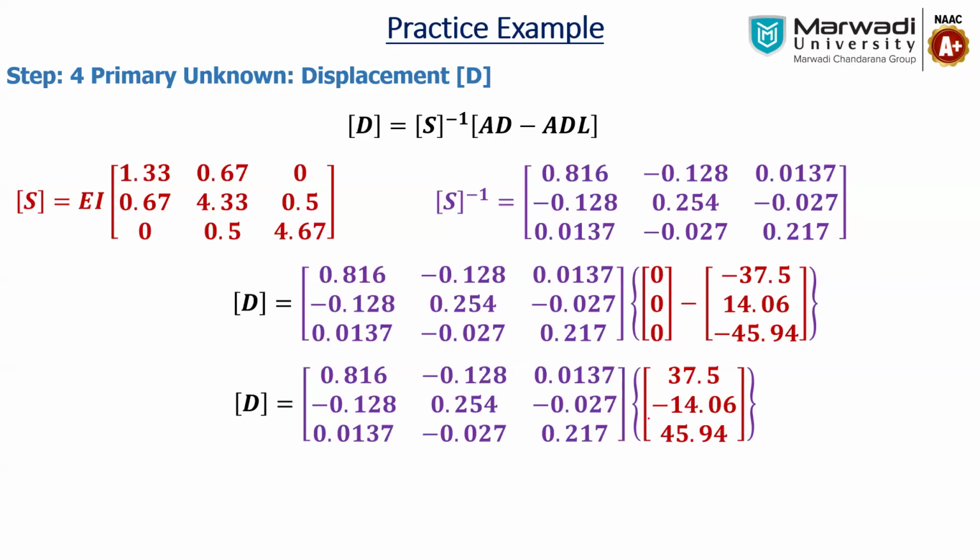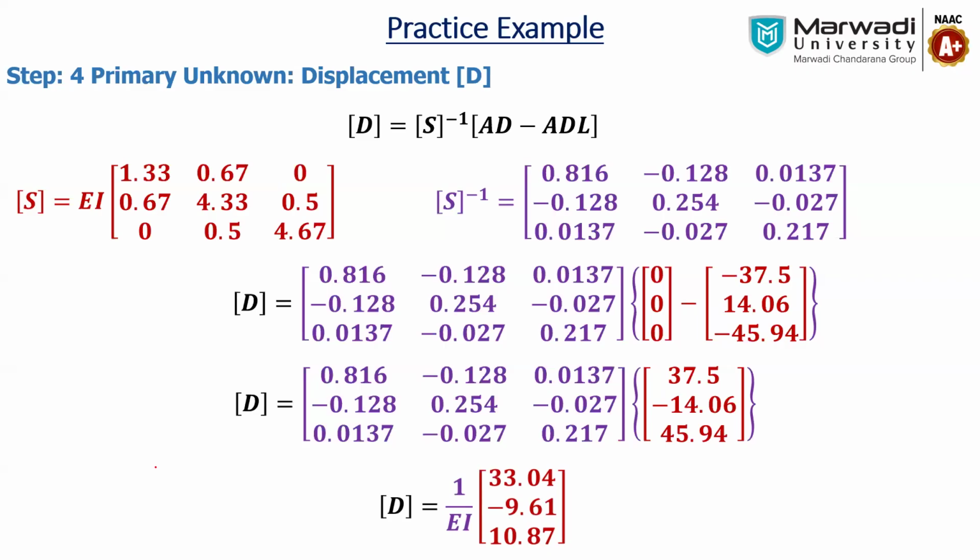Ultimately we will get a 3 by 1, with 3 rows indicating our unknown displacements. That is 1 by EI times 33.04, minus 9.61, and 10.87. You should go through the matrix multiplication manually, in your calculator or in Excel, and verify this answer.